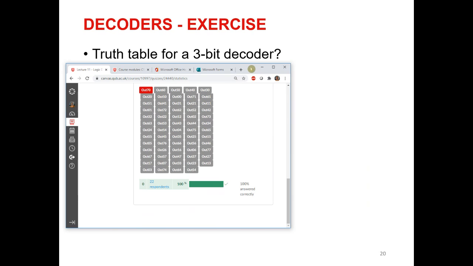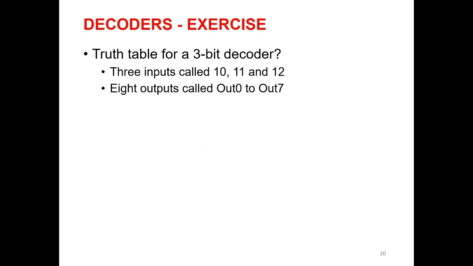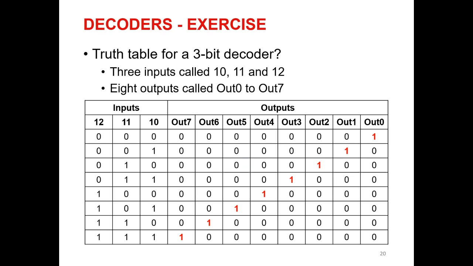Okay, so let's see. It seems it's clear, but just in case. Imagine we have these three inputs, I2, I1, and I0, and then the possible outputs will be, in case all of the inputs are 0, the output will be 1 for output 0, and the rest will be 0.